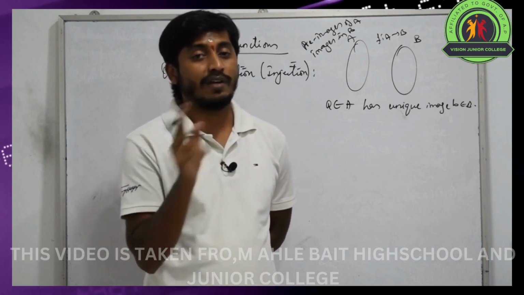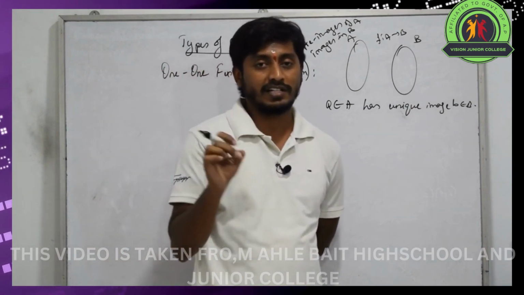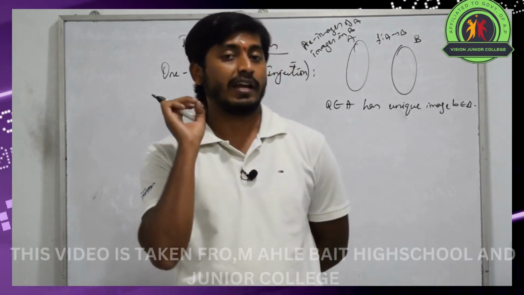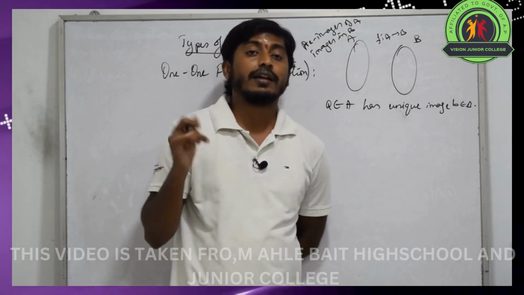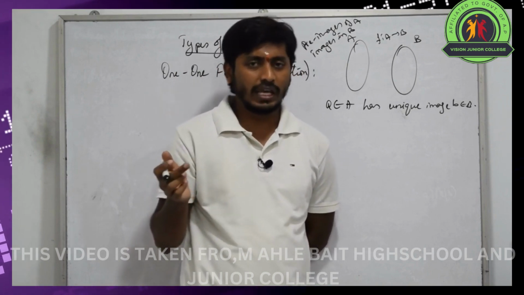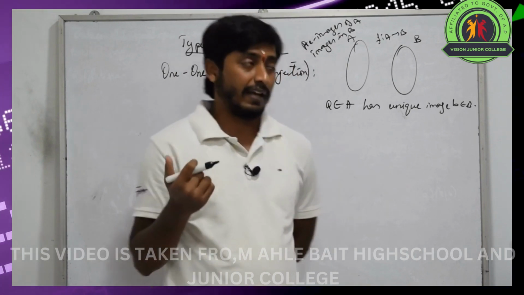Is it right? That is a 1-1 function. A 1-1 function is, for every single input you have to get a single unique output. Clear? This output should not repeat. Is it clear? Fine.